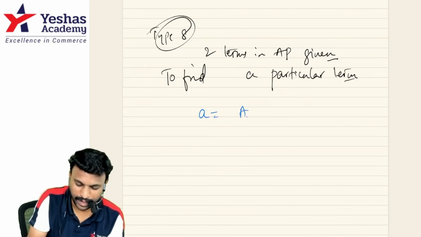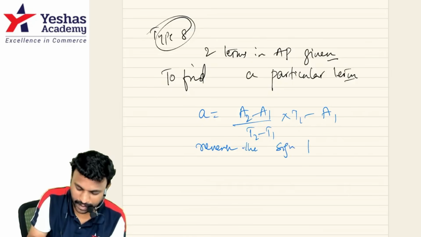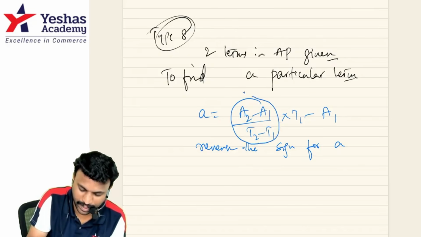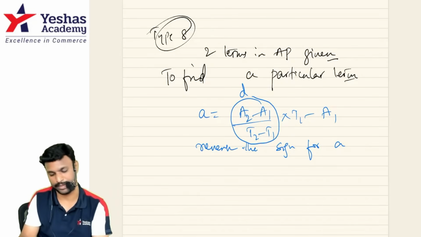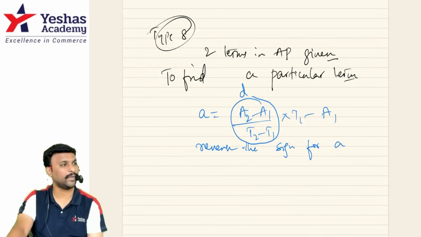A is equal to A2 minus A1 by T2 minus T1 into T1 minus A1. Reverse the sign. And what is this A2 minus A1 by T2 minus T1? Common difference. An example quickly.